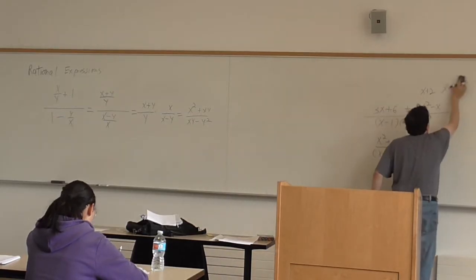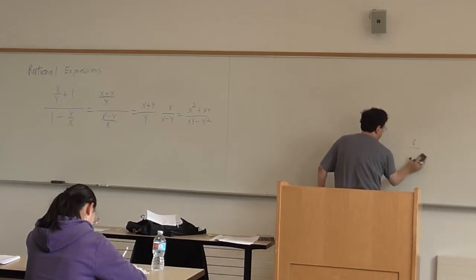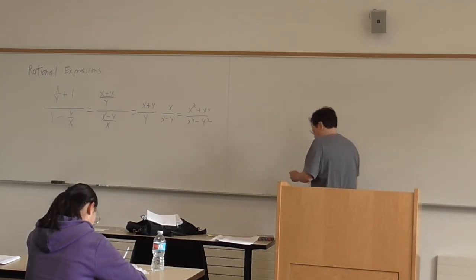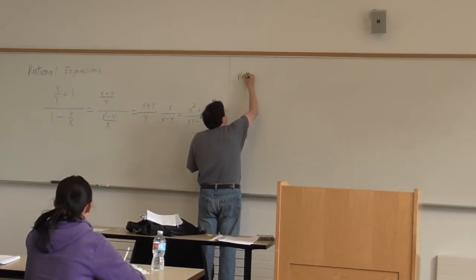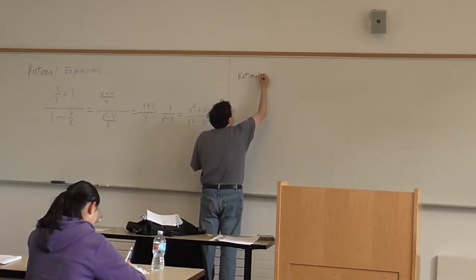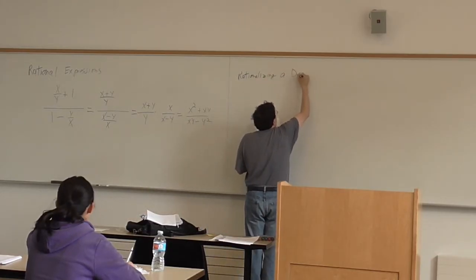We're going to switch gears just a tiny bit here. We're going to look at something called rationalizing a denominator.